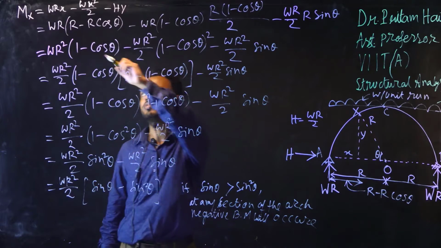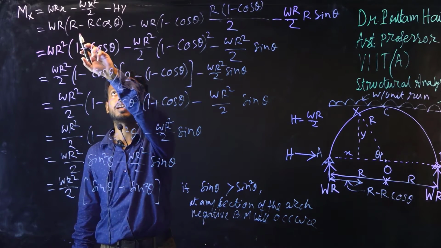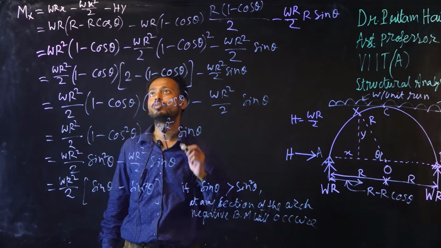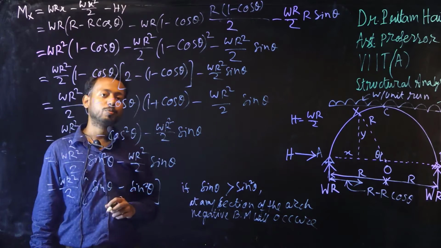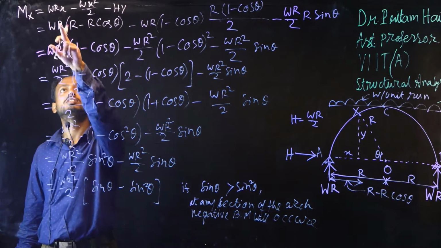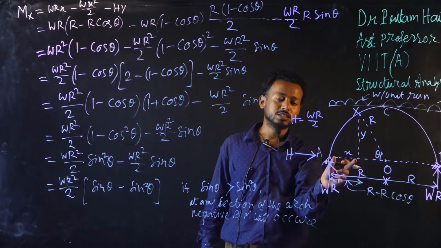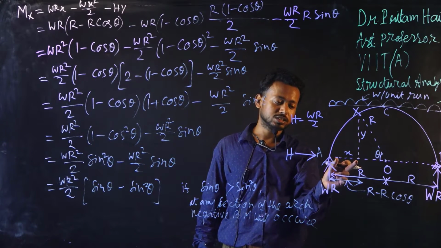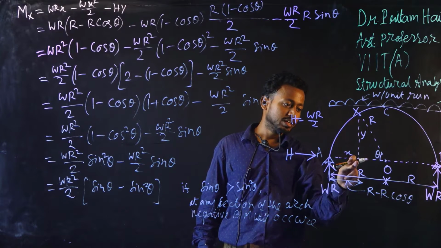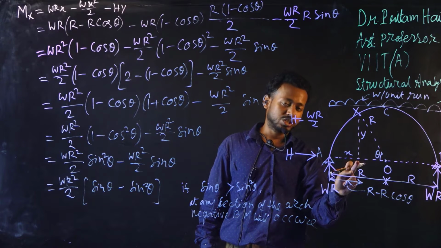So we have Mx equals wrx minus wx square by 2 minus hy. Now I will put the value of all the parameters. Say x, what is x? See here, this is the x distance from the support to the x cross section, right?